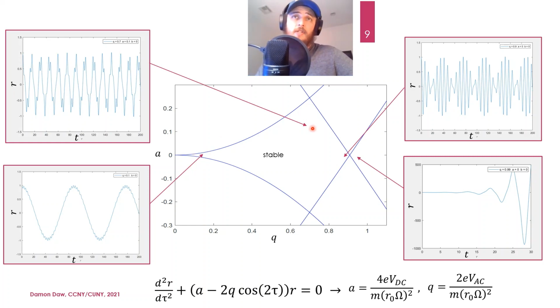The trajectories don't all look the same. For example, if you take a spot up here in the parameter space, you'll have a 1D projection of, say, your X motion that looks like this. If you get very close to the origin, you get some nicer sinusoidal looking stuff, but you can still see the small amplitude micro motion over the top of it.